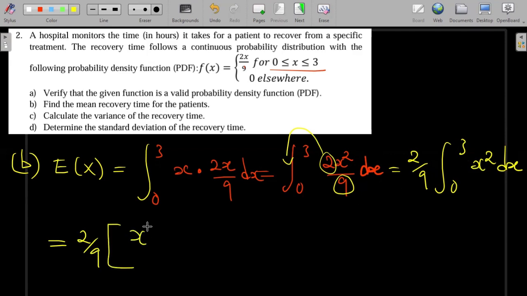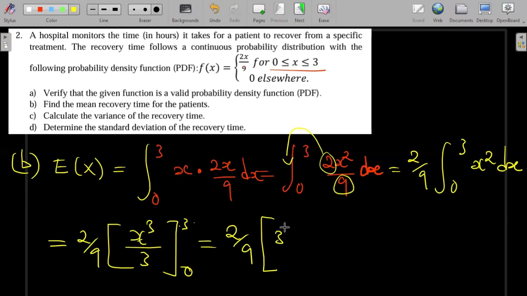It will be x to the power 3 divided by 3, with 3 and 0 as the limits. I replace this x with 3, so it will be 3 to the power 3 over 3 minus 0 to the power 3 over 3.